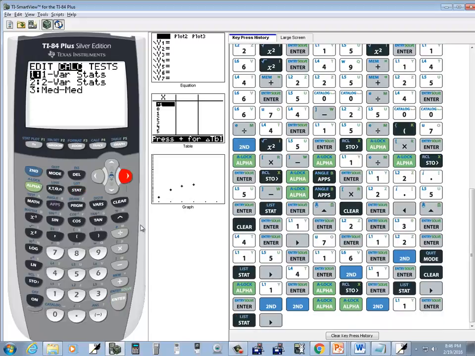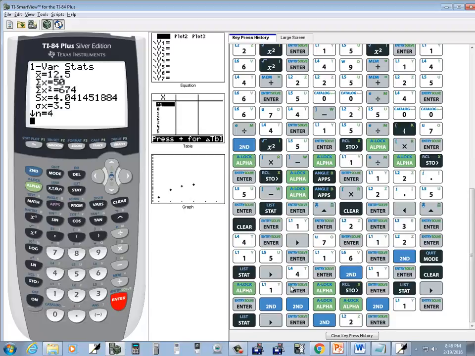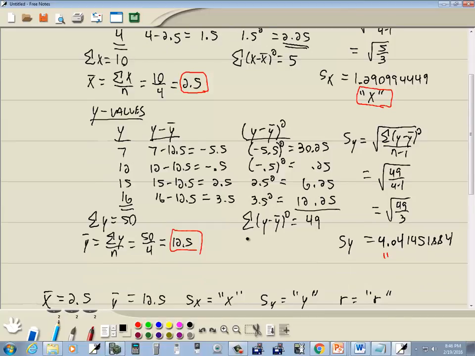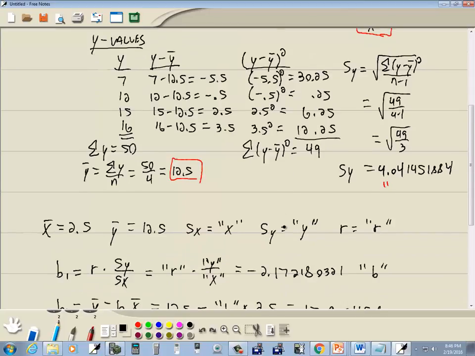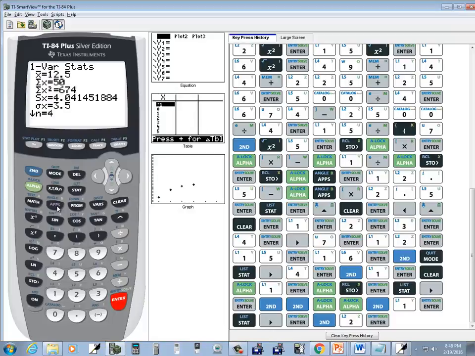Stat, go to 1 bar stats, and then I'll do second 2 for L2. 4.04. Okay, that's looking right. So if I got those right, I got those stored off correctly. Let's make sure I stored off R correctly. Except for I might have just messed it up when I just did that.